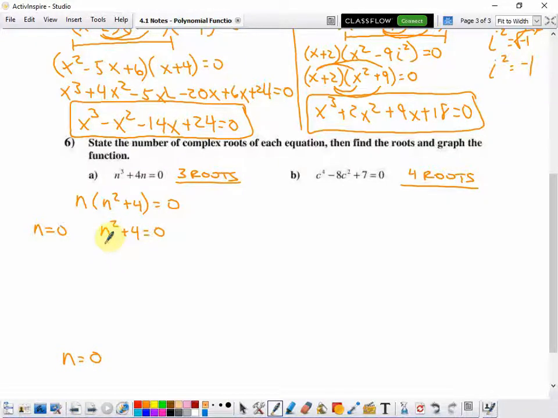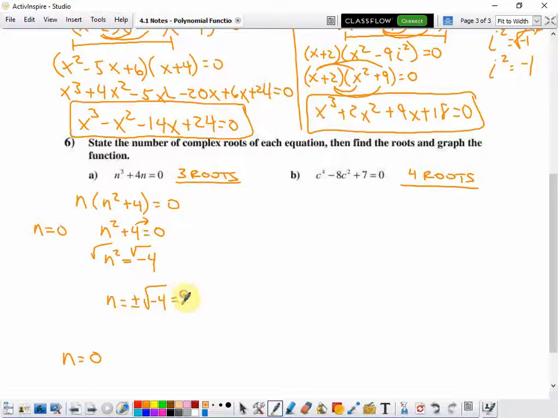We'll solve this equation to find the other two solutions. We'll move this over here. So n squared equals -4. And then take the square root of both sides. Anytime you do a square root, your answer is going to be plus or minus. So n equals plus or minus the square root of -4. Now that -4, under a radical, I'm going to split that up.